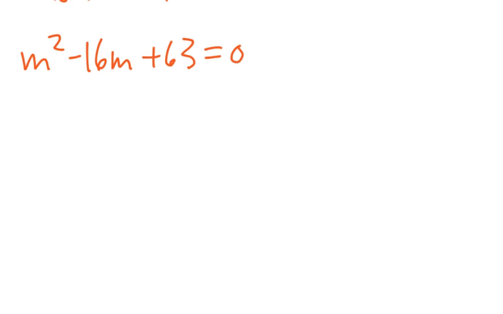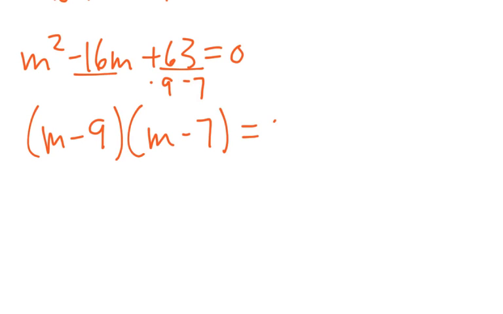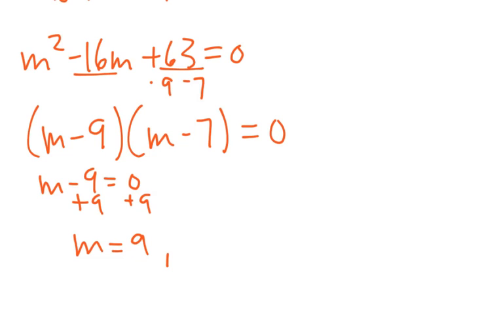Then we factor. Factors of 63 that add up to negative 16: 9 and 7, they're both negative. So m minus 9 times m minus 7 equals 0. So basically set them equal to 0 separately, right? Add 9, we'd get m equals positive 9 and positive 7.